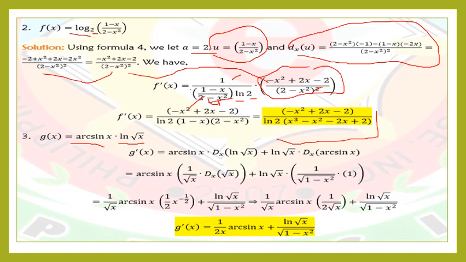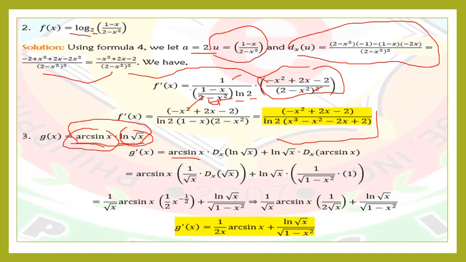So, g prime of x, derivative of g of x is g prime of x, arc sine x. Okay, so since multiplication yung nandito class, ang involved na operation dito is multiplication. So, gagamitin natin dito is the product rule. So, first times derivative of the second. Okay, ito yung second function natin. Plus second times derivative of the first.